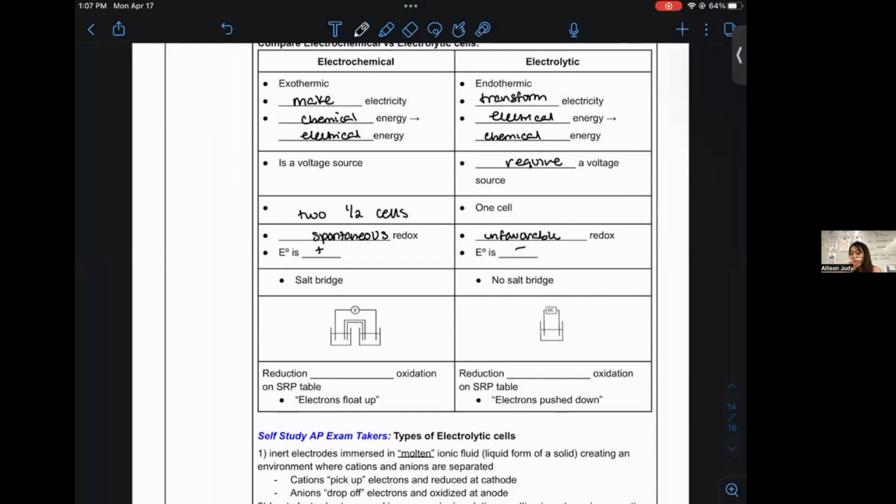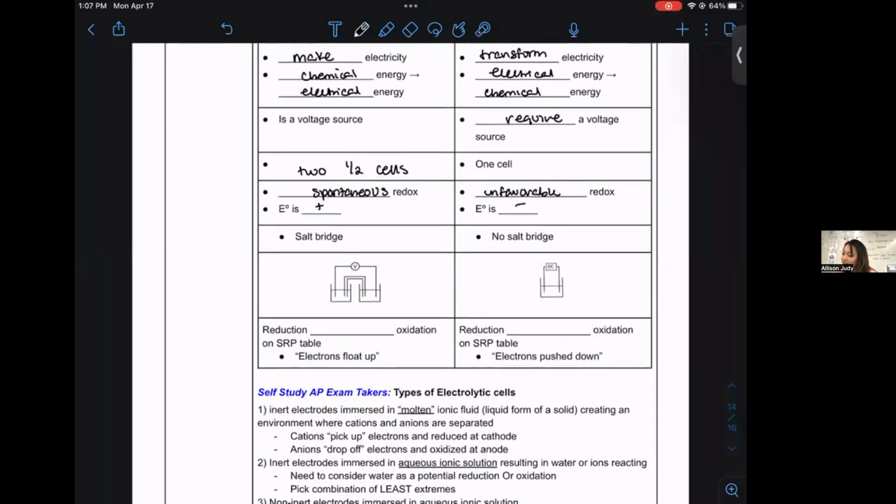There is no salt bridge in electrolytic. And here we see that the reduction for electrochemical cells is above the oxidation, but for electrolytic cells, reduction is below oxidation, making it less favorable. So you have to push the electrons down, therefore requiring energy.